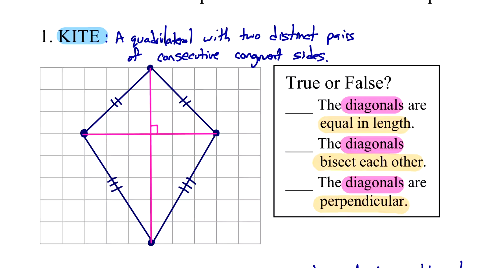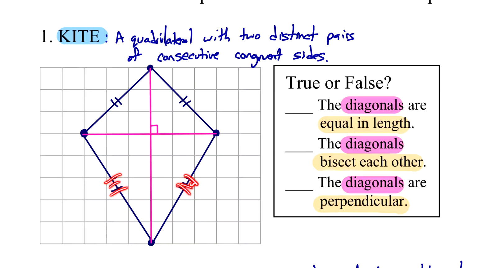Okay, so on all these drawings, you'll notice that I have put markings on the diagram that reflect the definition. So this is similar to the ones I drew before in the notes. So the double marking tells me these two sides at the top are congruent, and this triple marking tells me these two sides at the bottom are congruent.